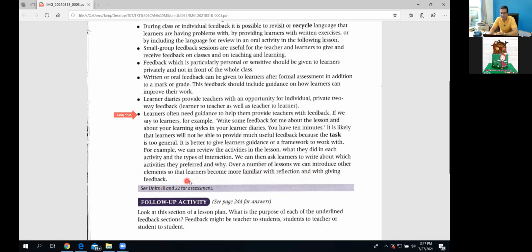with giving feedback. So here the point is, if you give 10 minutes, it's a very short time. A student may not be able to write properly, and you ask them to write some feedback for me about the lesson and about the learning style in your diary. Lesson and learning style, in 10 minutes, is not enough time for that. Moreover, that's a very general topic.